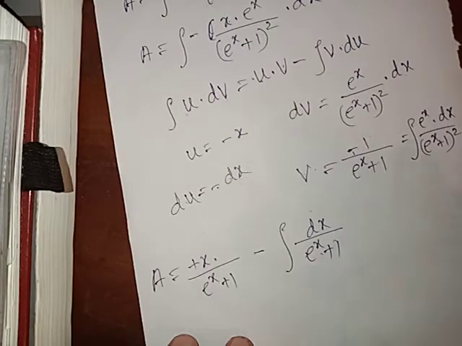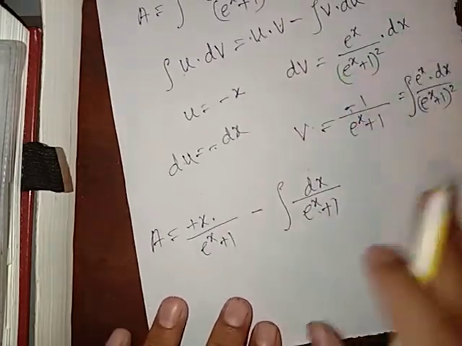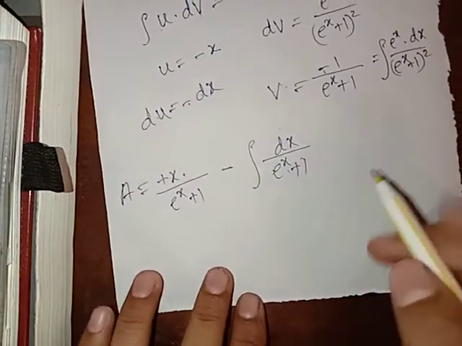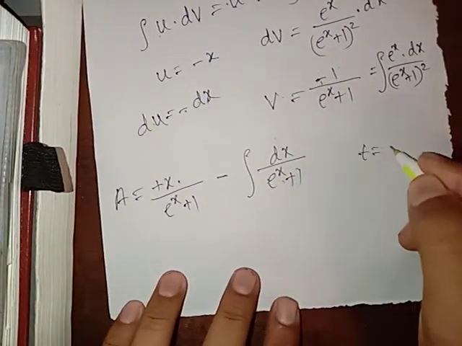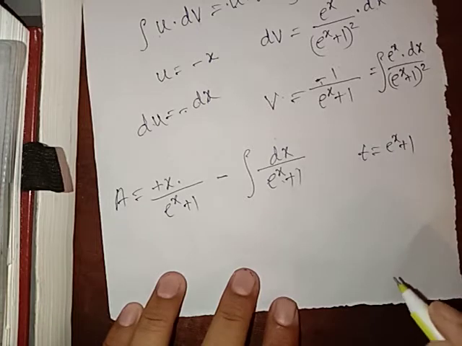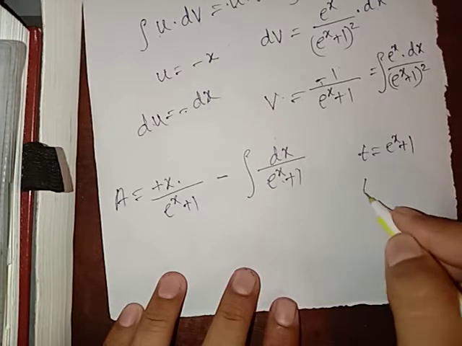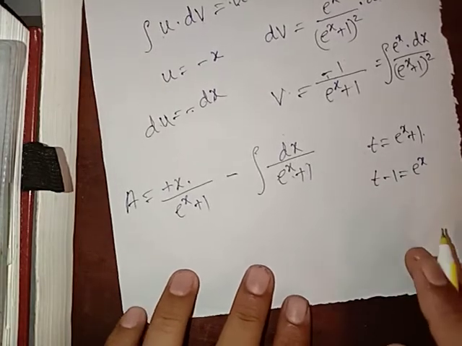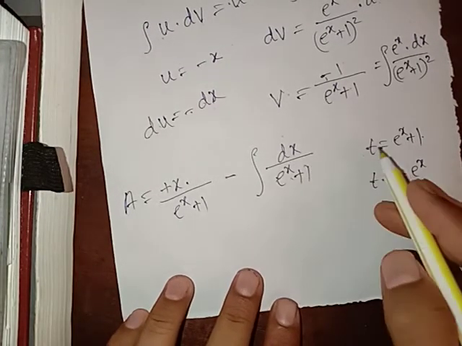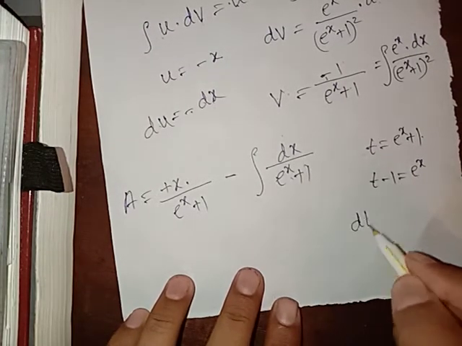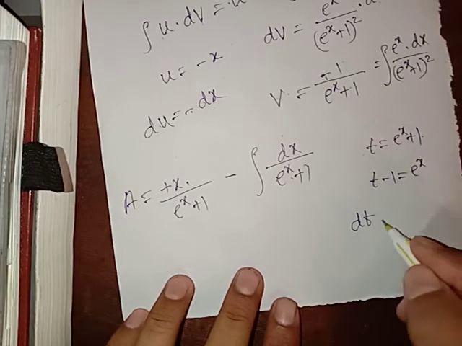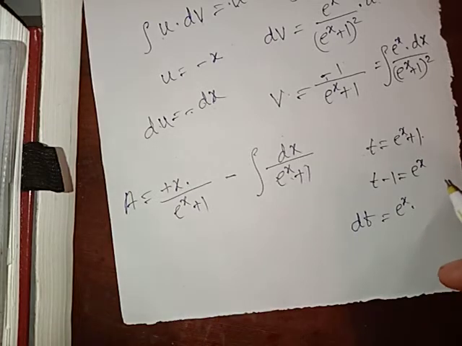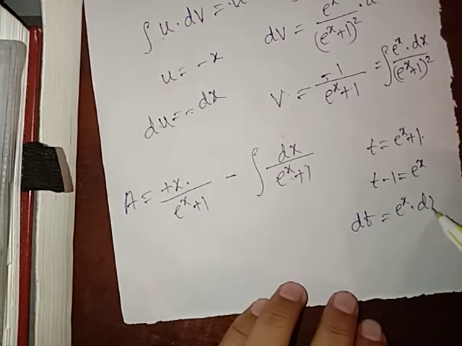So what is the integration of this one here? Now take t is equal to exponential of x plus 1, then t minus 1 means exponential of x. So what is dt? Differentiation of t is exponential of x into dx.